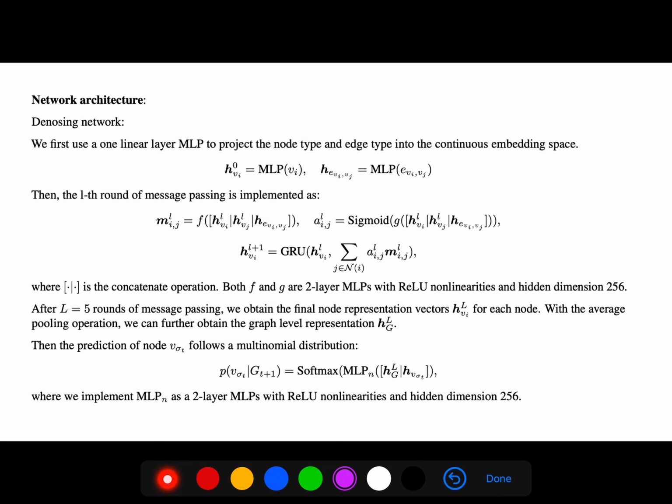So this is their network architecture. This is their denoising network. They have 5 layers of message passing. It means it takes 5 layers to reach from one node to another node which is 5 hops away.